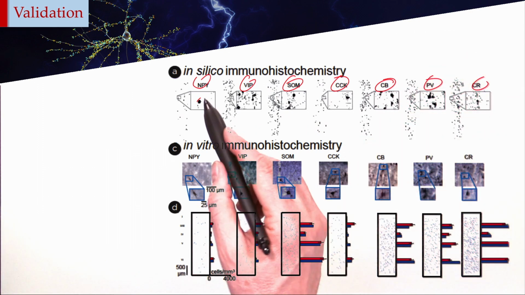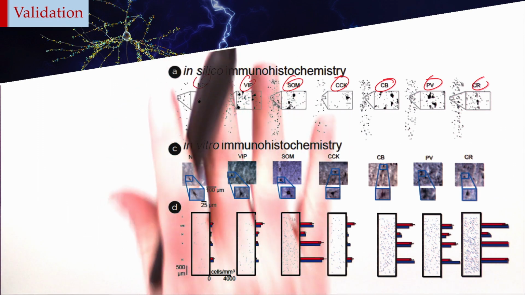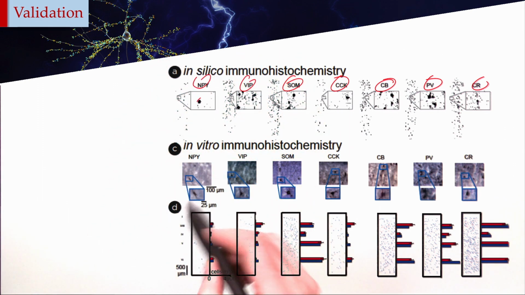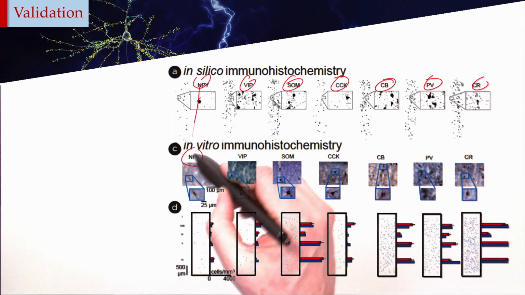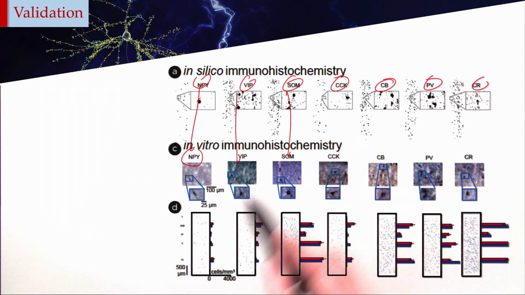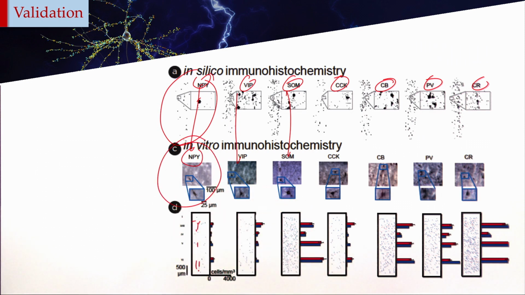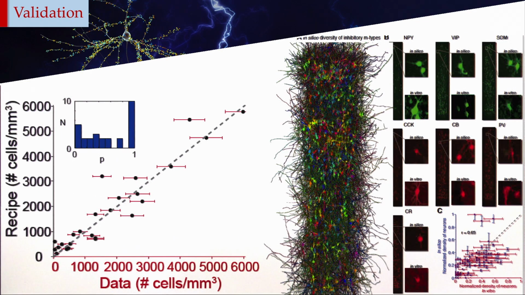Then you stain your virtual tissue, or the reconstruction, and you can have a look at what real tissue looks like when it's stained with the same peptides. Then you count, and you look at the distributions that you see in silico and the distributions you see in the real system.